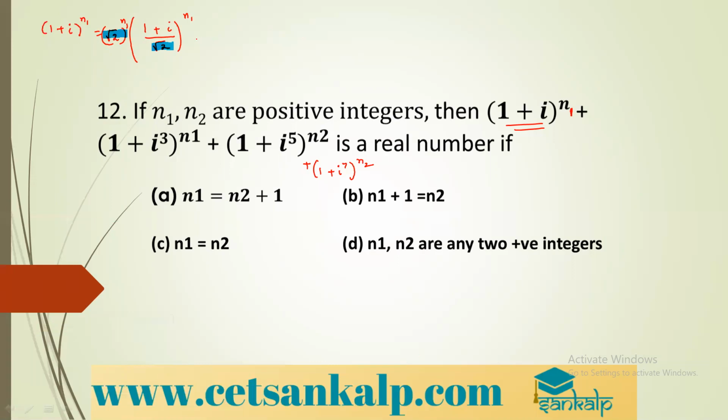Then why am I doing this? Outside I have root 2 power n1. Inside I have 1 by root 2 plus i into 1 by root 2, power n1. Inside, 1 by root 2 I can write as cos pi by 4 plus i sin pi by 4, because cos pi by 4 is 1 by root 2, sin pi by 4 is 1 by root 2, and then I have power n1.